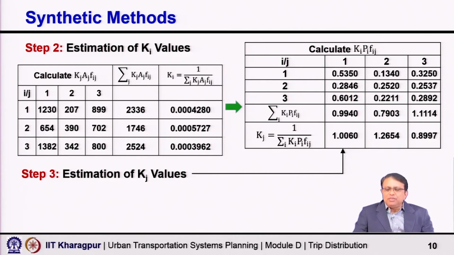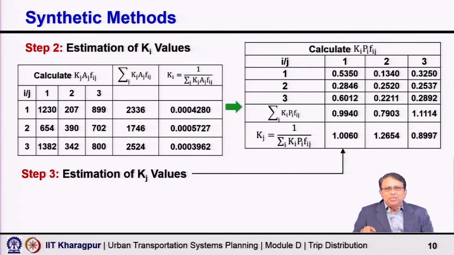Now, with this Ki value, I go to the right side as in step 3, the table I have shown on the right. So, we can now calculate the value of Kj. How do we do it? Again for i and j, we put the value Ki, Pi, Fij.